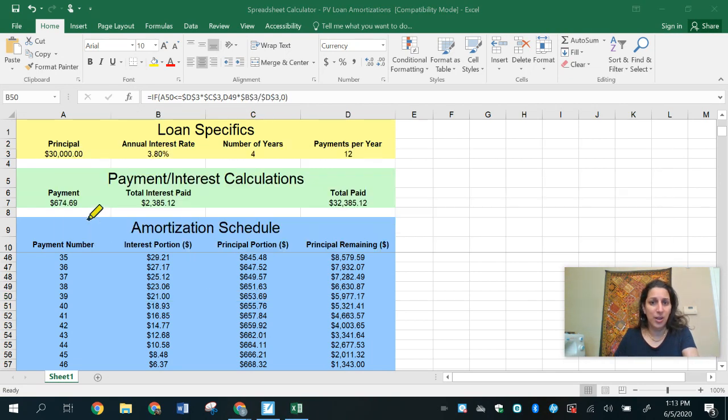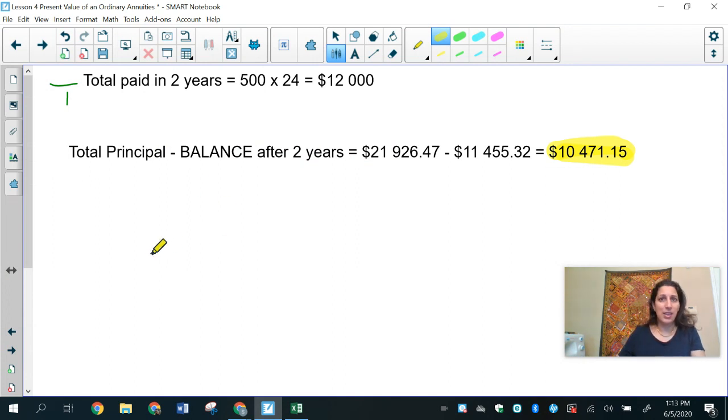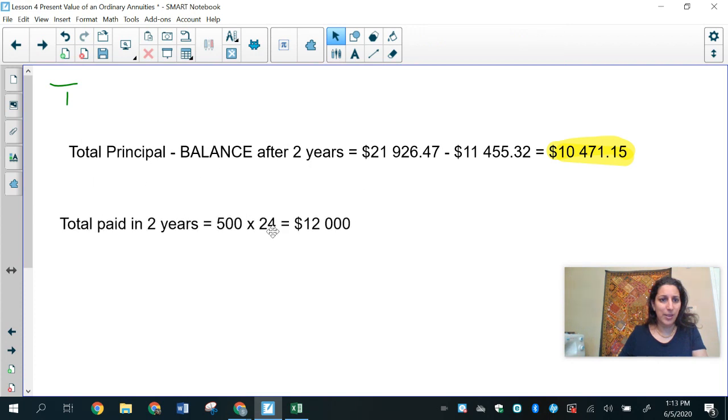Doesn't matter which order you went in. We're going to take the total paid answer that we had here, the total paid in 2 years.